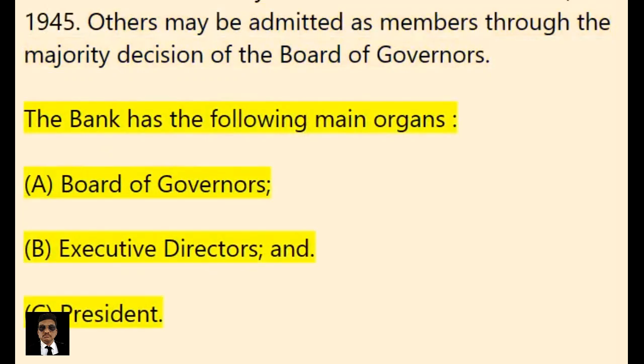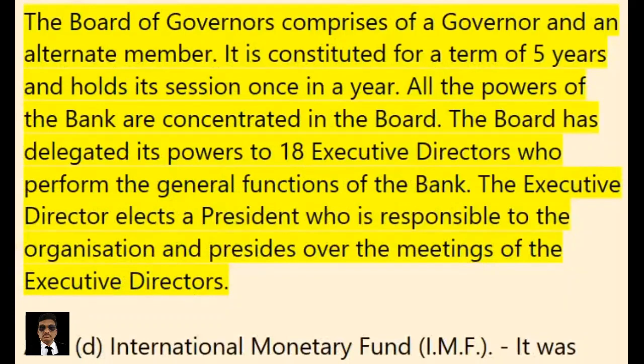The bank has the following main organs: A. Board of Governors, B. Executive Directors, and C. President. The Board of Governors comprises a governor and an alternate member. It is constituted for a term of 5 years and holds its session once in a year.